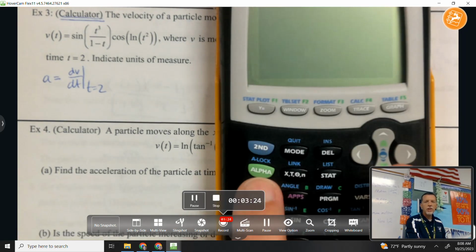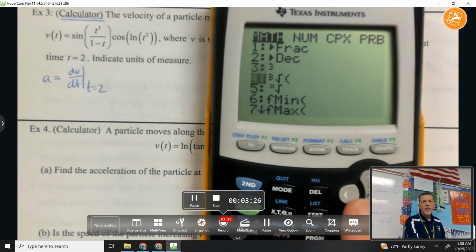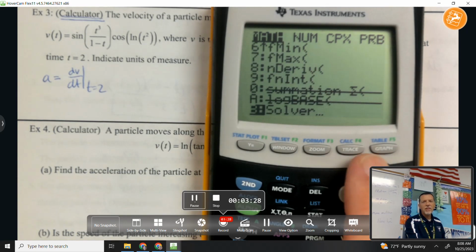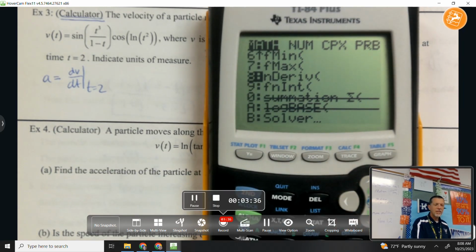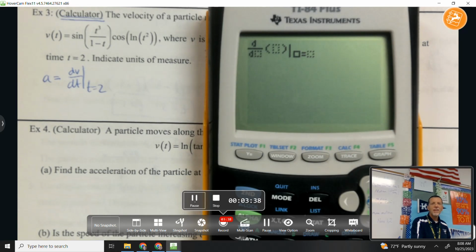Go to the main screen, hit math, and one of the options down there is, I'll grab a calculator that won't do some things, but I don't need those things. Option number 8, nDeriv, so press that, and then hopefully you recognize the notation that it brings up. So it means take the derivative of something with respect to something at something equals something.